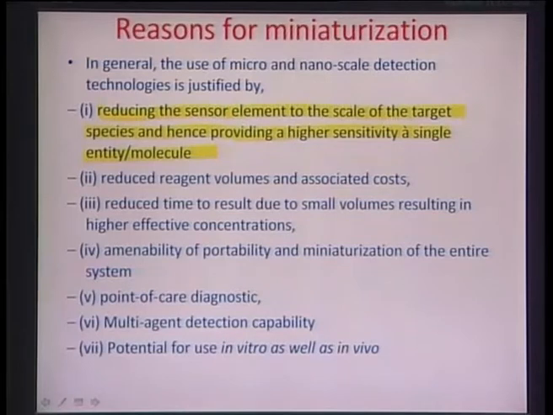You are talking about the particular detecting element being of the size of a single molecule or a single moiety of interest. So, when the size comparison is there, there is automatically a higher sensitivity of detection of such a process. Another very interesting aspect is reduced reagent volumes and costs of operations.